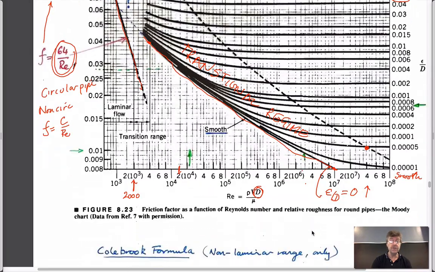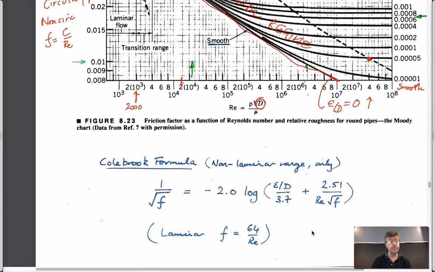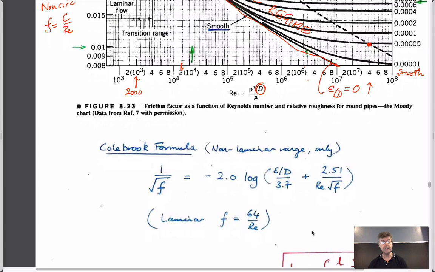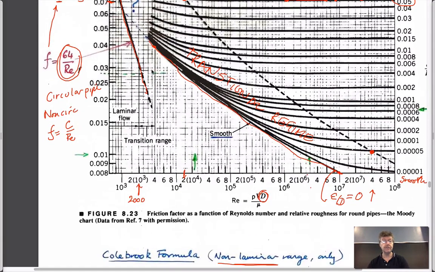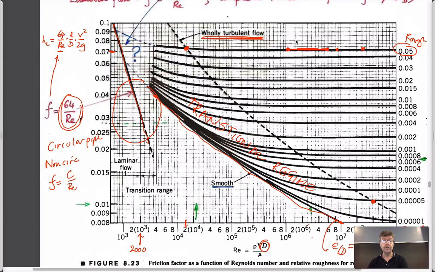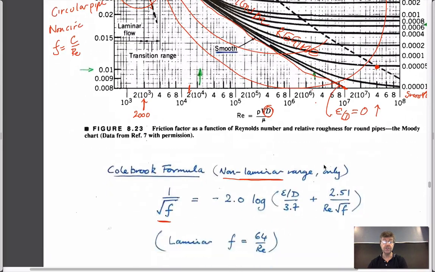So we'll use the Moody chart. The Colebrook formula is just a way of defining the Moody chart in the non-laminar range. Outside this, it doesn't give you this value, but it gives you everything else. So the Colebrook-White formula basically gives you everything here if you want to use it, but you can just use the charts.